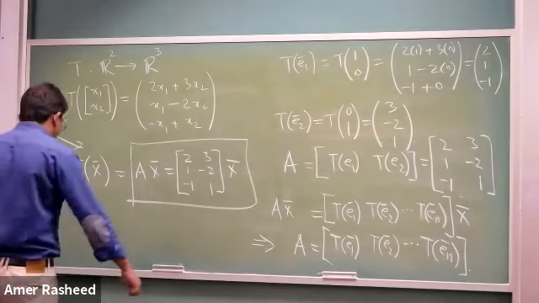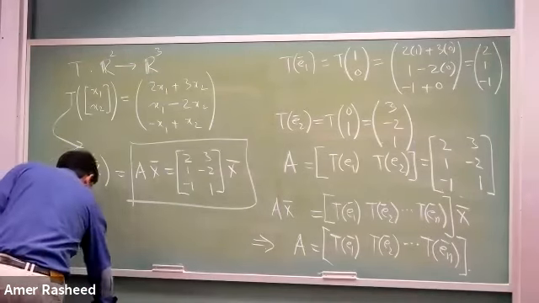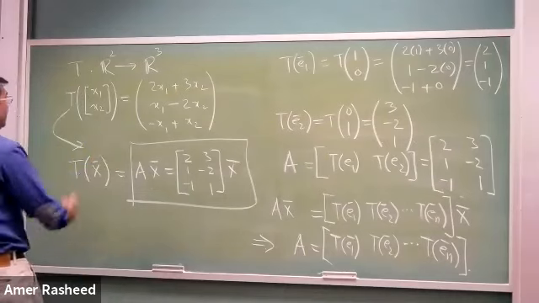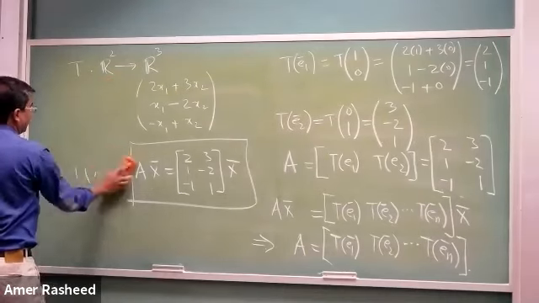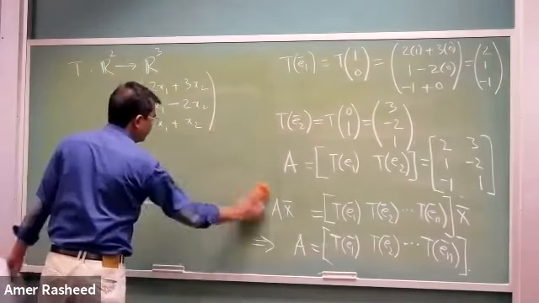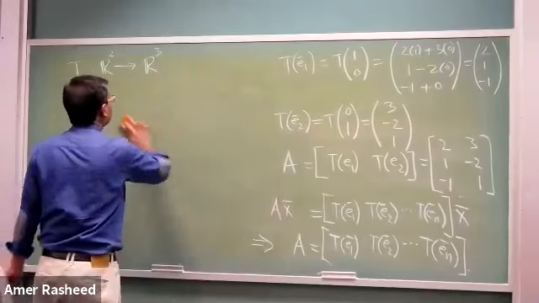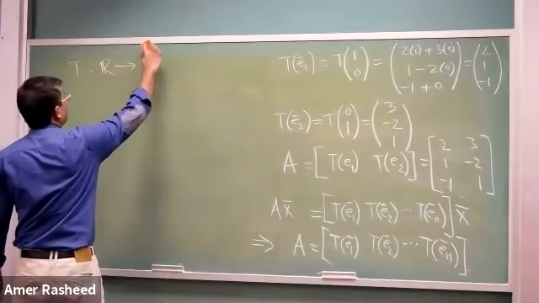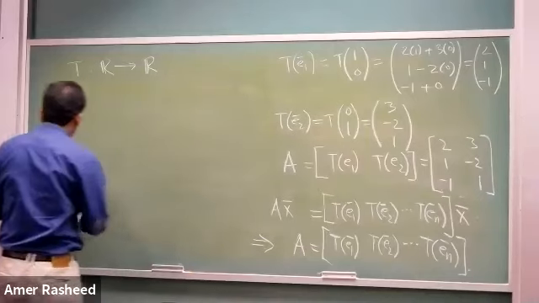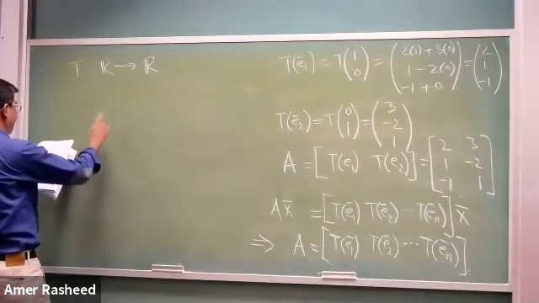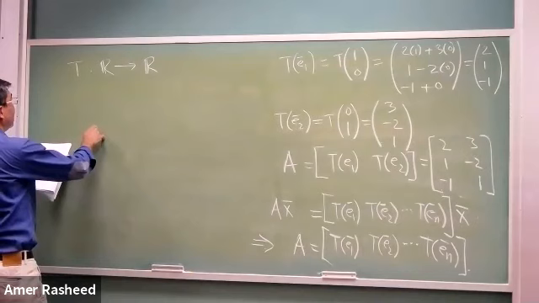If you don't have any question, I'm going to give you another example of this kind, and you have to find the standard matrix and tell me. Now, let's consider this exercise.